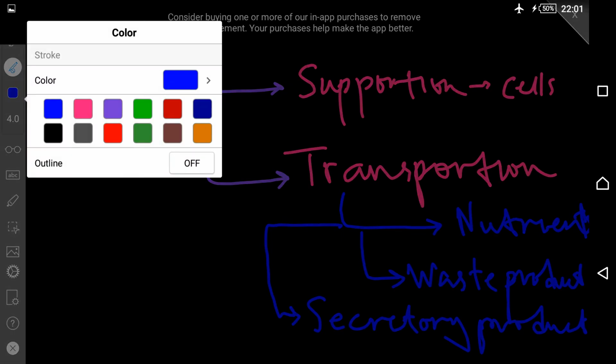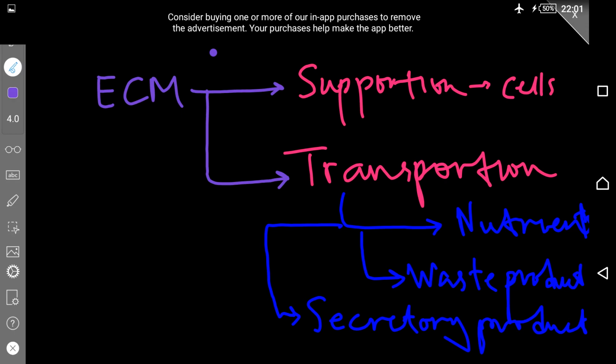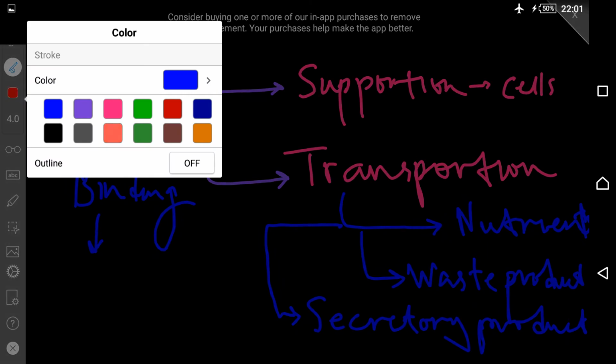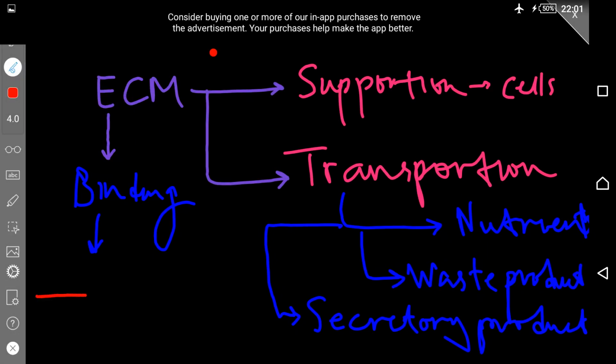But there is also one other thing related to extracellular matrix, and that is their binding. Extracellular matrix do bind to the receptors on the cell membranes. Suppose this is the cell membrane.